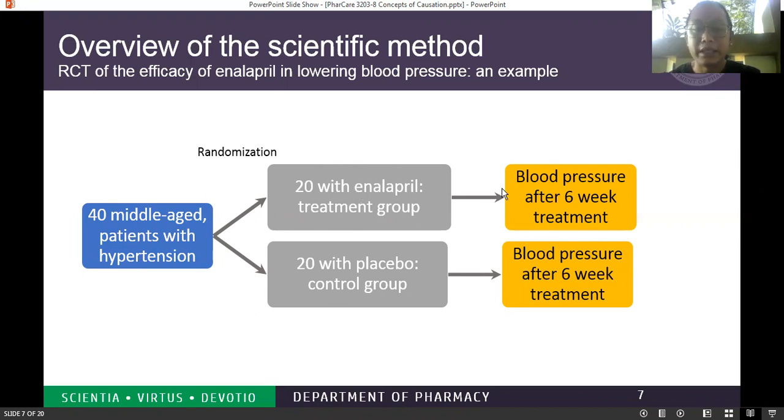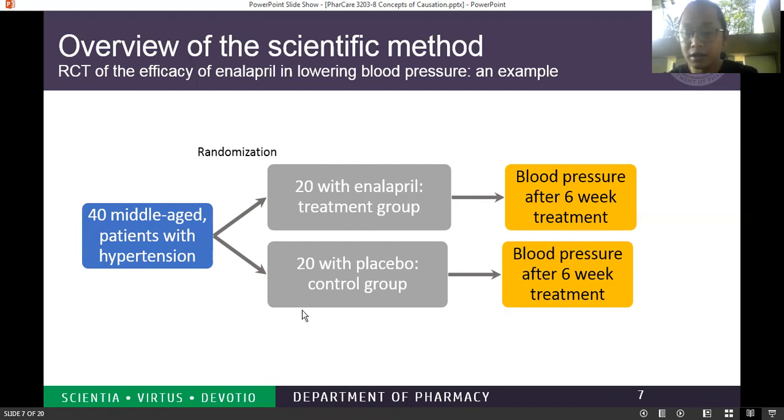So this design, the randomized clinical trial, is a strong design to evaluate the causal relationship between a cause and an effect. Why?